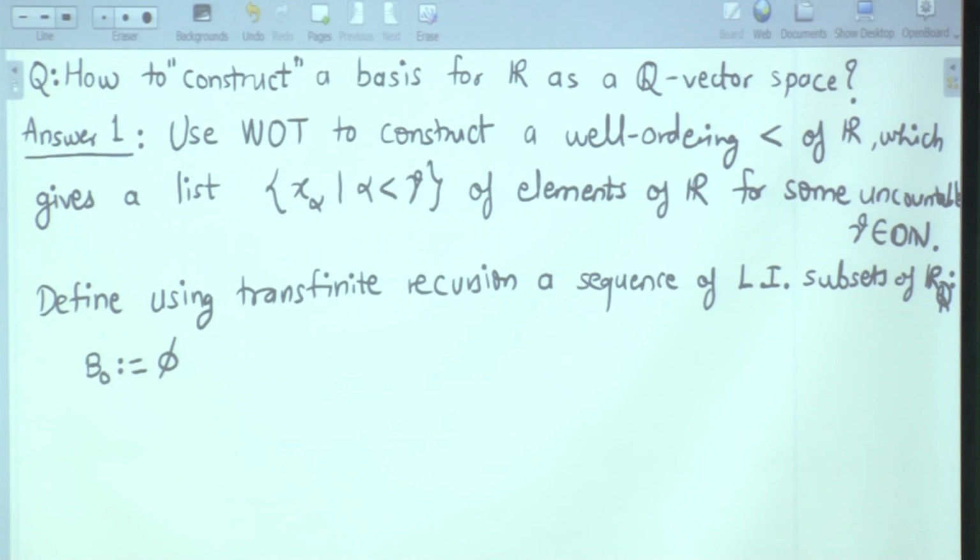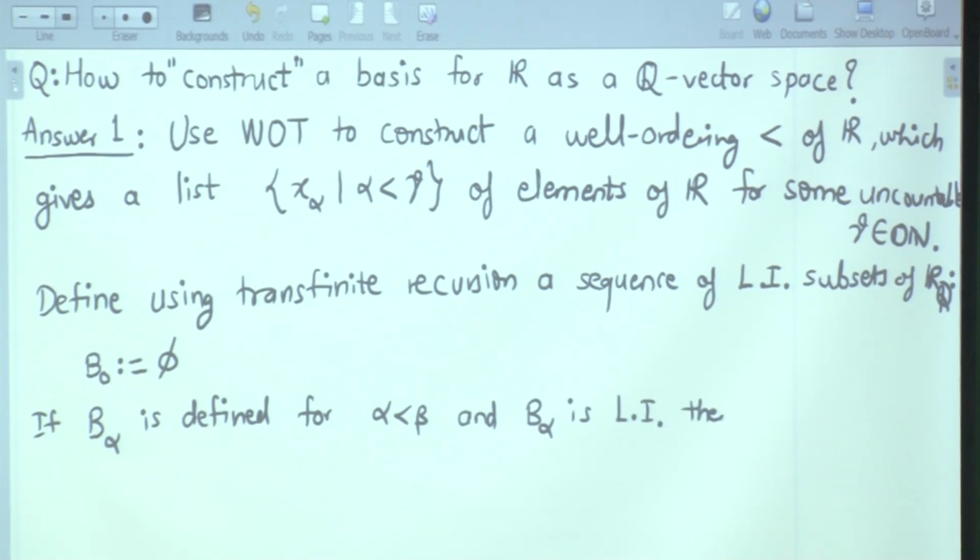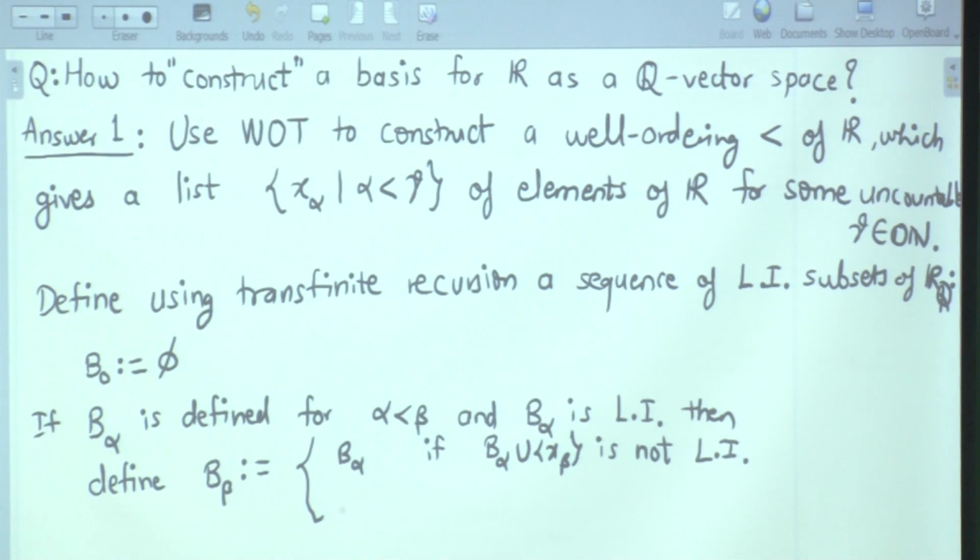So B0 I will define to be empty, and if B alpha is defined for alpha less than beta and B alpha is linearly independent, then define B beta equal to one of the two: B alpha if B alpha union x beta is not linearly independent, and B alpha union x beta otherwise.